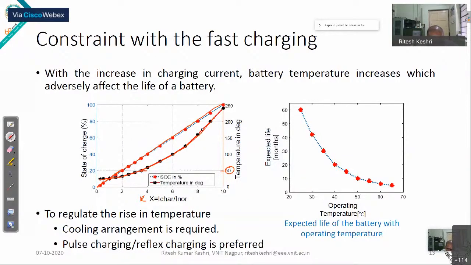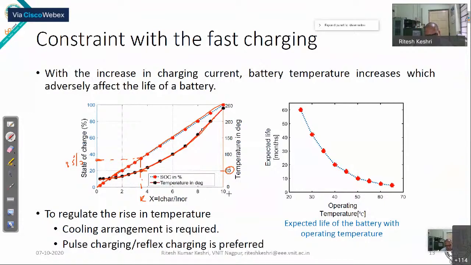You see that by this time, what is the SOC available? Let's say in this case, your battery is going to get charged only to around 35% SOC, given the temperature limitation.